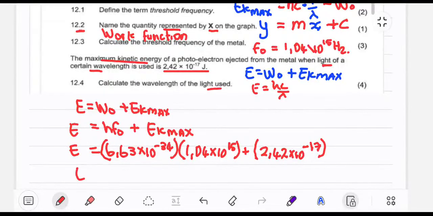And now what is the energy you get there? If you say 6.63 times 10 to the negative 34 times 1.04 times 10 to the 15 plus 2.42 times 10 to the negative 7, what do you get?